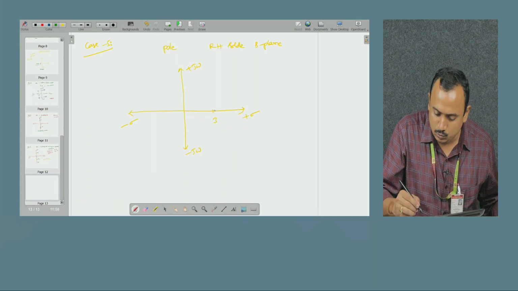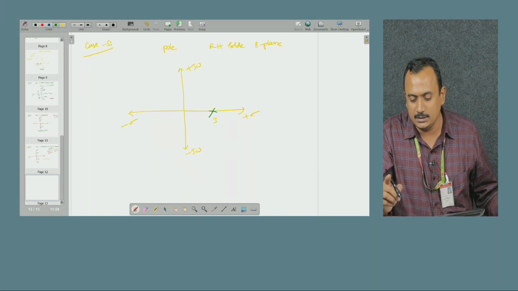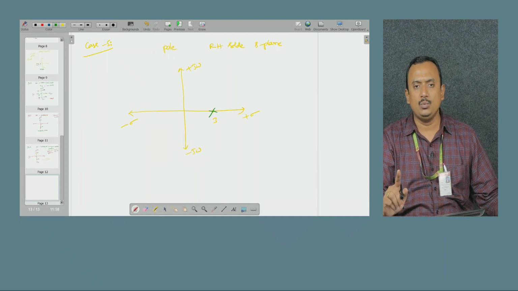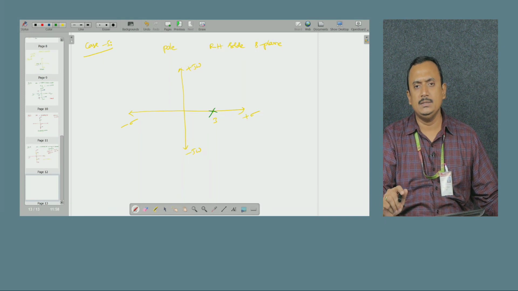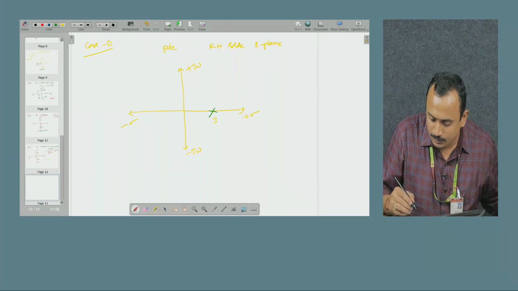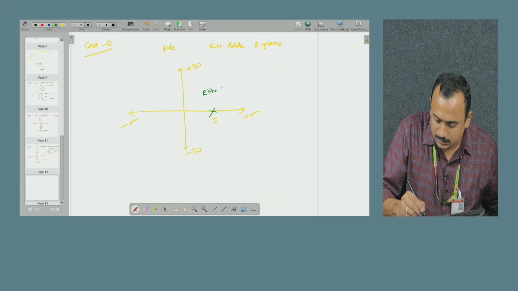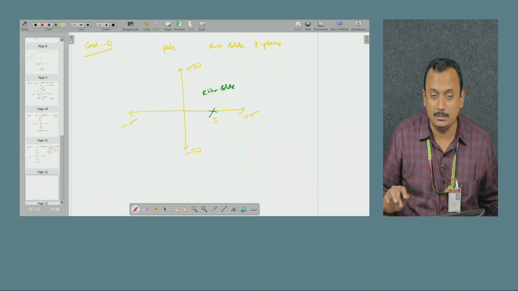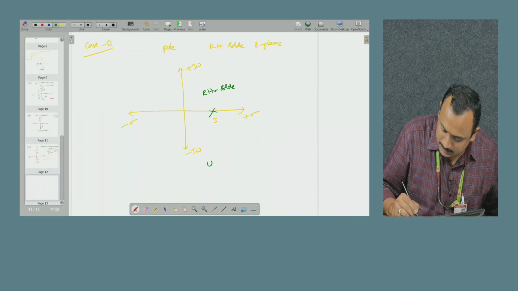If there is at least one pole on the RH side of the S plane for the given transfer function, then we can say, without looking at the other parameters, the system is unstable.